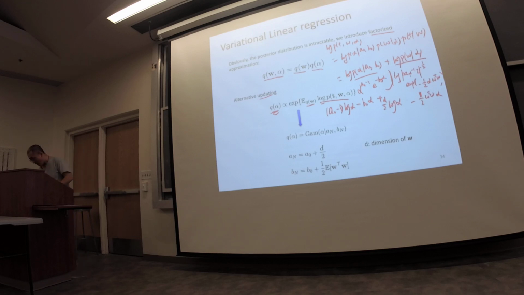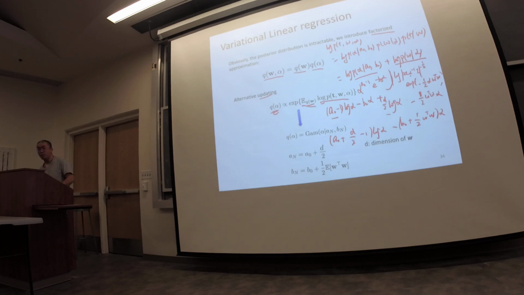I just write every step to ensure everyone feels this is really simple, nothing special. And then we can merge terms. We have a0 plus half d minus 1, times log alpha, minus b0 plus half w transpose w, times alpha. And this is just the log probability.